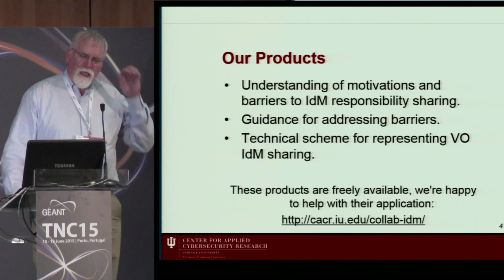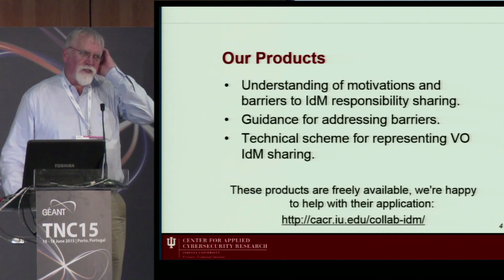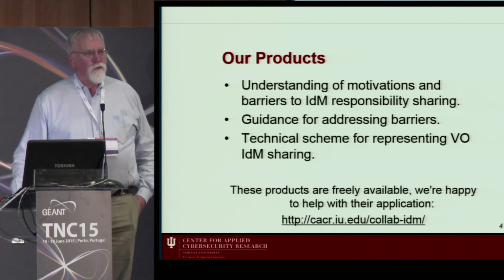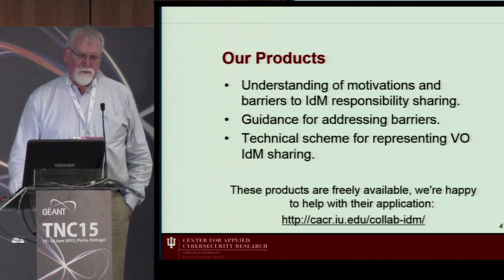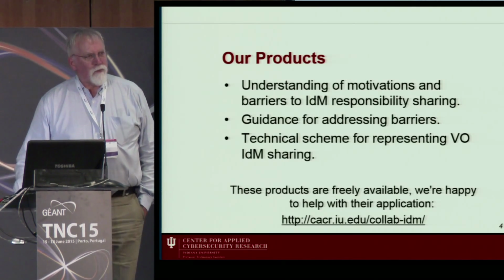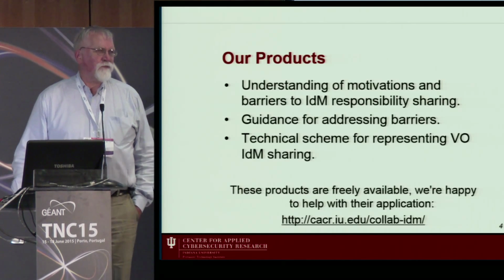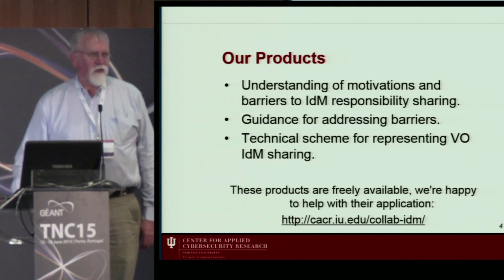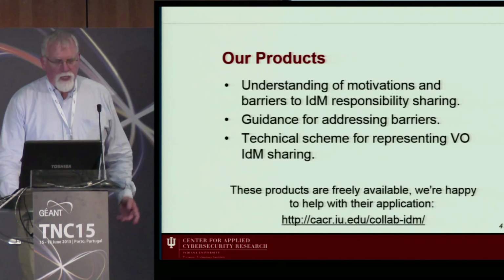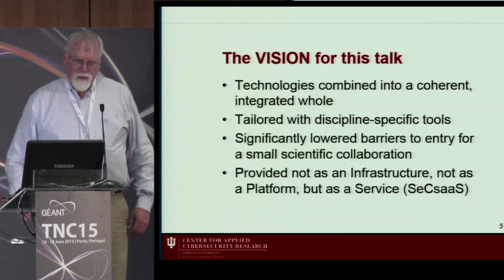So what we've done is we've tried to understand the motivations and the barriers for identity management and how responsibility is shared between different people. We've tried to provide guidance for addressing those barriers and come up with a technical scheme for IDM sharing. And of course, these are available at the website there.